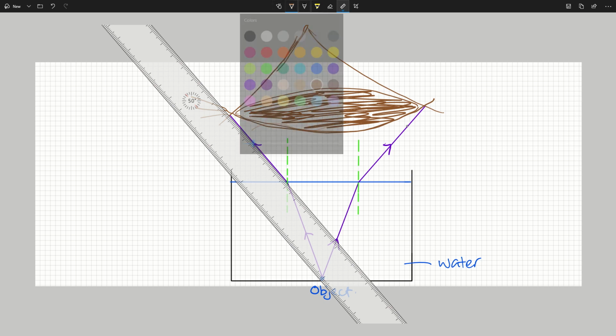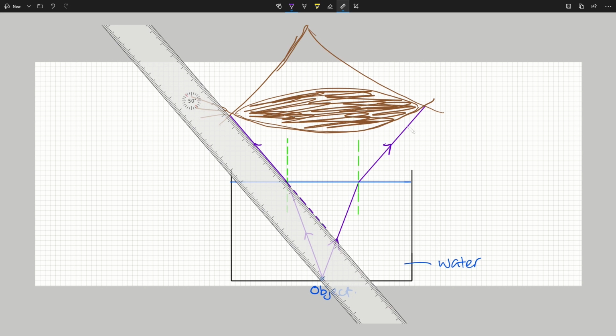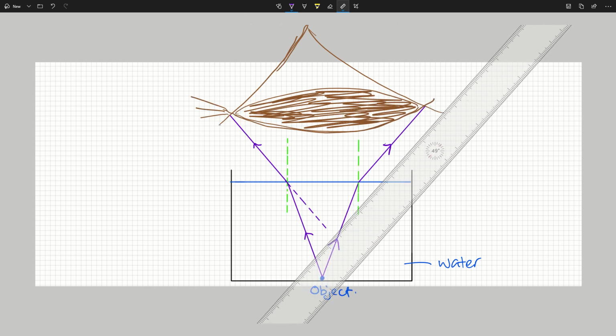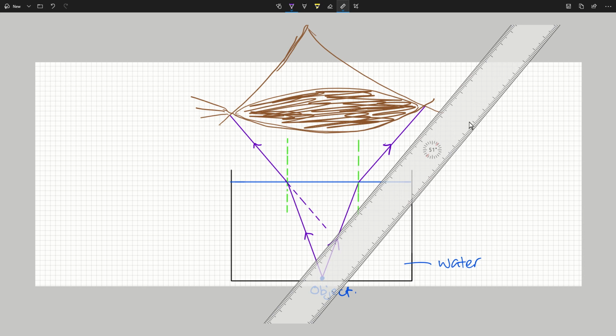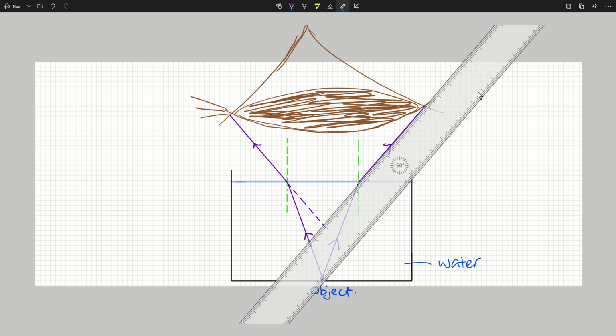I'm going to align back to this line again, and I'm going to extend backwards. Same here, I'm going to align the ruler, and extend the line backwards.